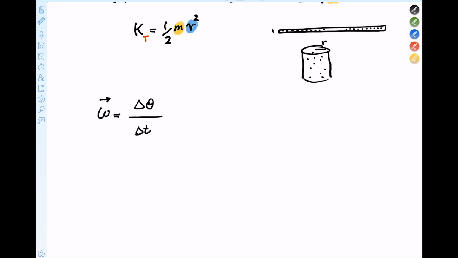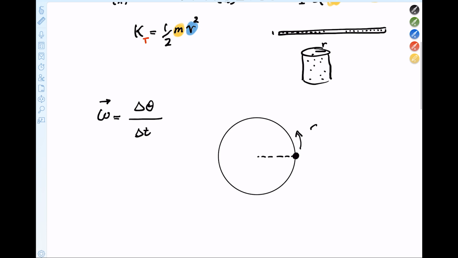So let's say that you have an object located at this point, and it's moving counterclockwise, and it goes to here, point 1, and then it goes to here, point 2, and so on and so forth.